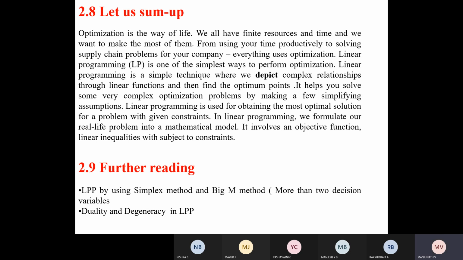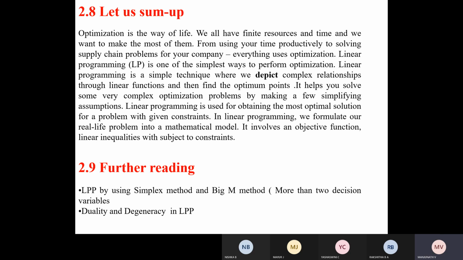Optimization, in simple words, is to minimize loss and maximize profit, or revenue.